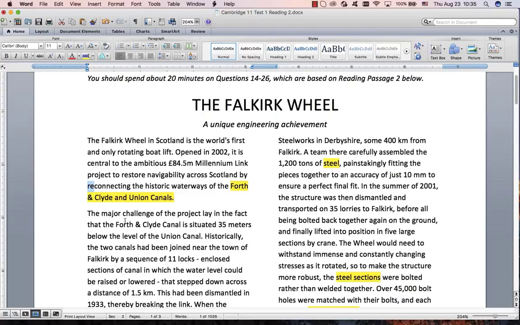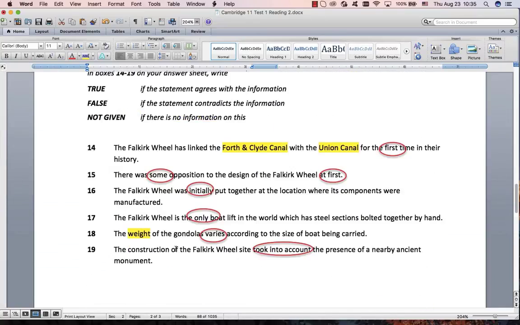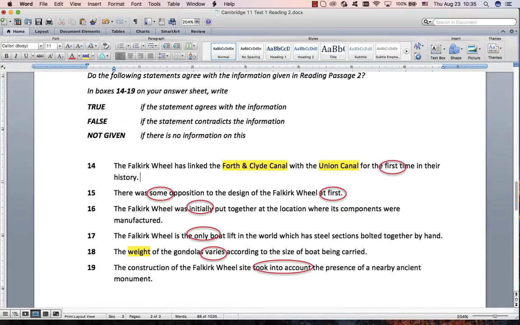RE means again. So connecting means connecting again. That means it's not the first time it's happened. If they're doing it again, there was a time before. So they made that difficult. It wasn't the first because it's doing it again. So that means that must be false.